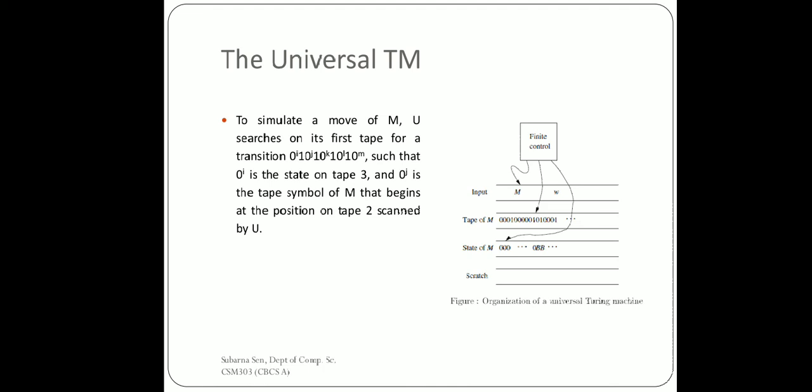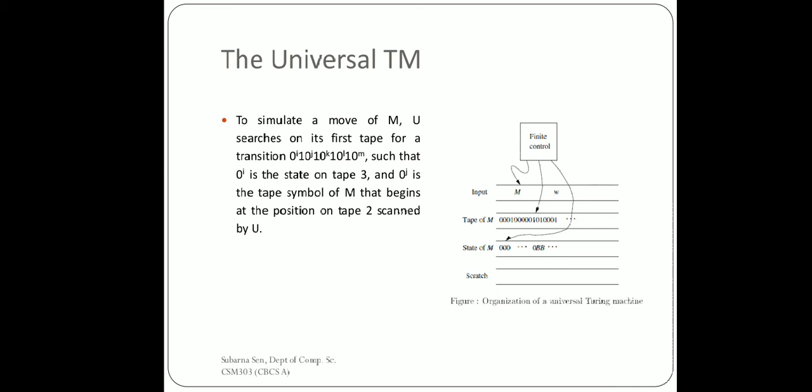Again, how is it going to process this 0 to the power j? It will look at the second tape, and the second tape is storing what? It is storing my w, that is the input string in the form of binary strings. So whichever cell it is currently pointing at, that is the leftmost cell, that is the 0 to the power j, right?